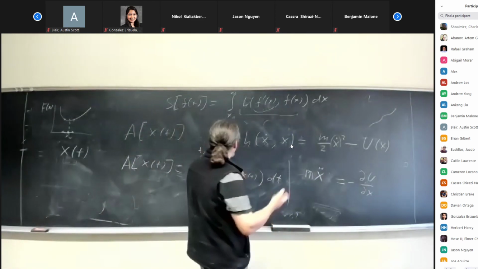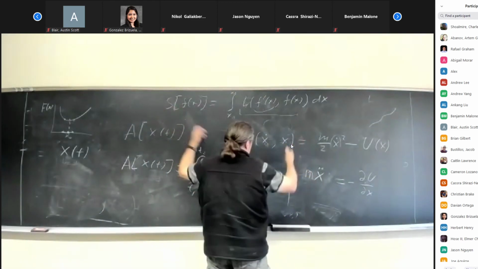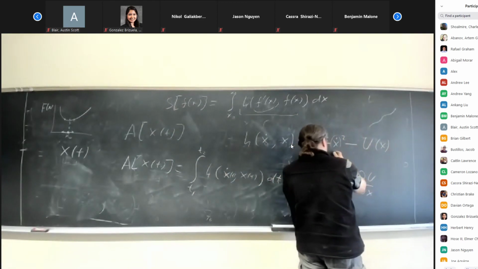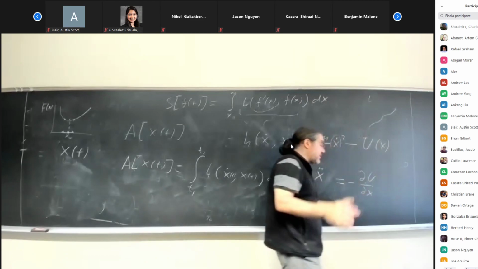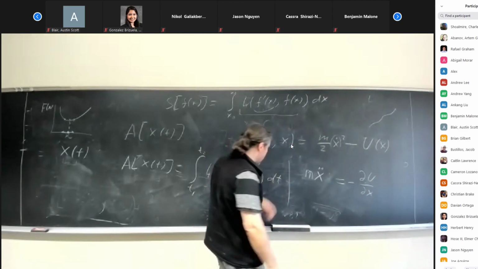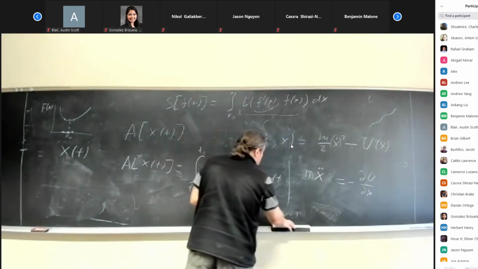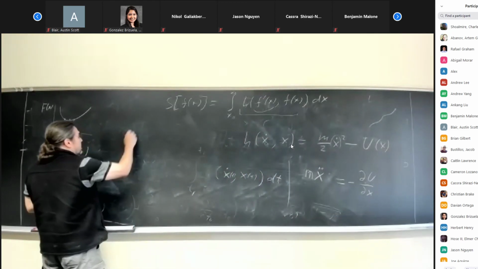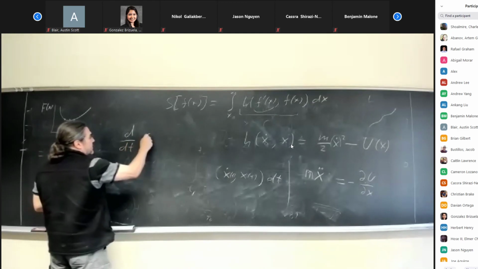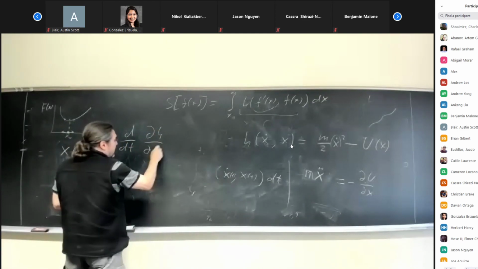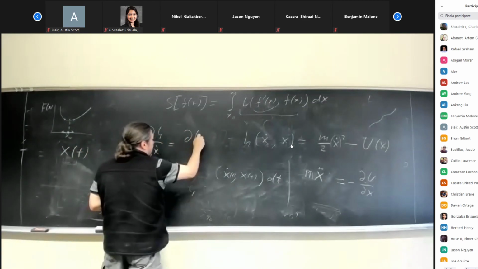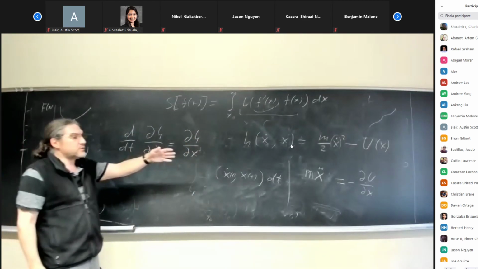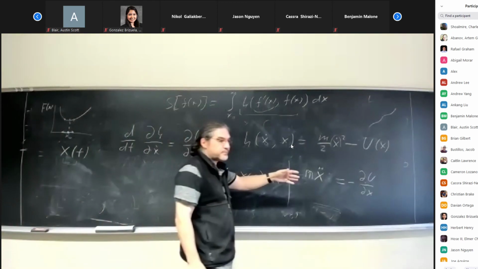It tells you that all you need to consider is that functional, that Lagrangian. For any system, you write the Lagrangian, which is kinetic energy minus potential energy, and then you write the Euler-Lagrange equation for that Lagrangian, which is just d over dt of dL over dx dot equals dL over dx, right? And you're done. You have the equation of motion.